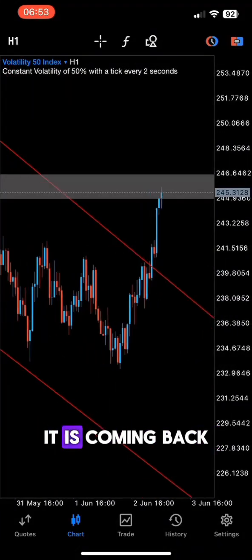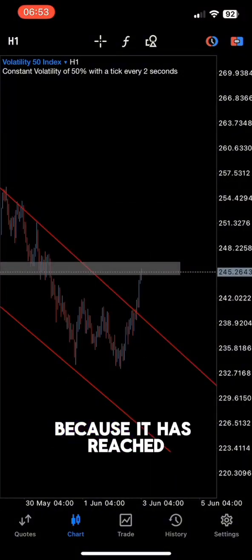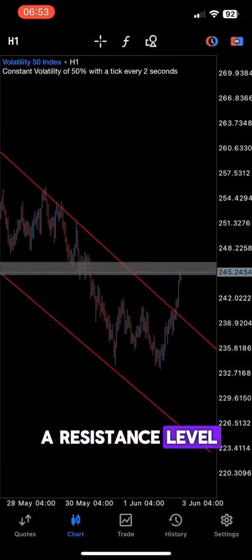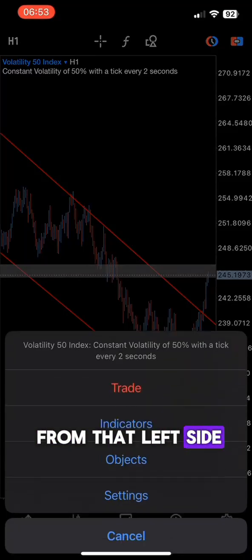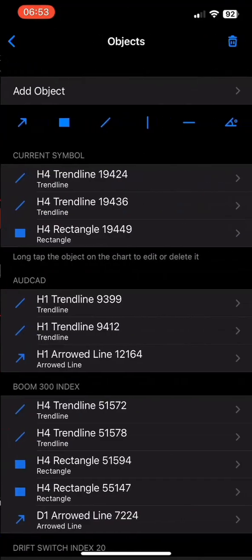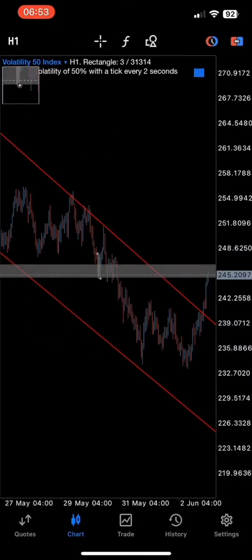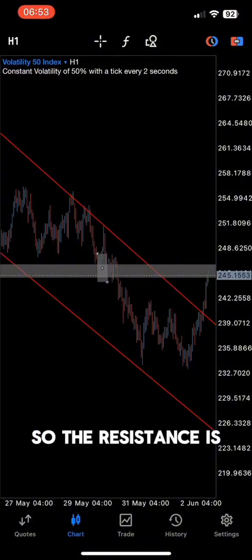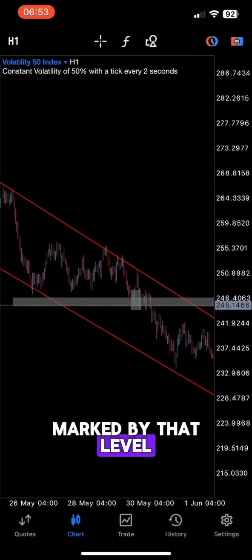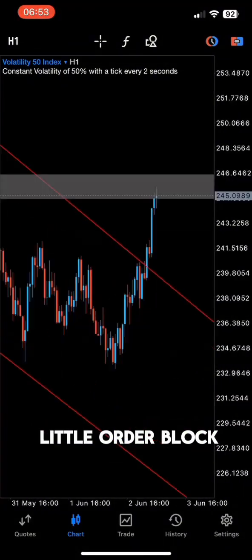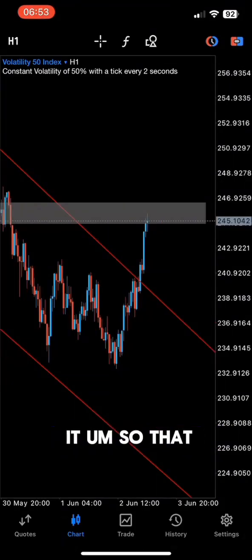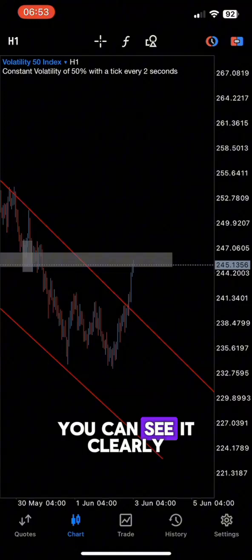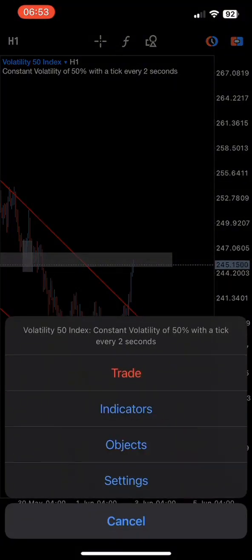However, this one is coming back for a retest because it has reached a resistance level that is very major, as you can see from that left side. So the resistance is marked by that level where I'm putting that little order block. So let me mark it so that you can see it clearly.